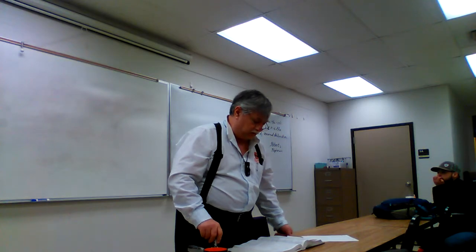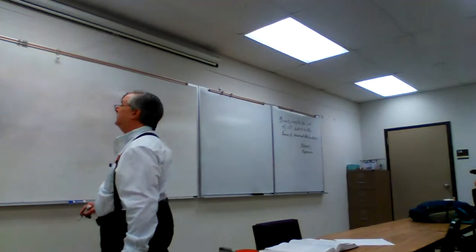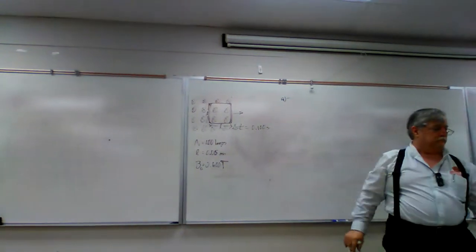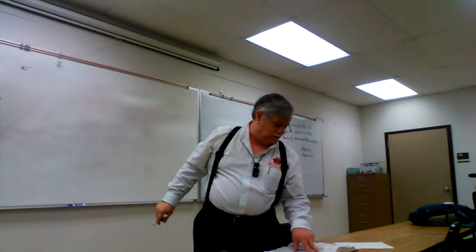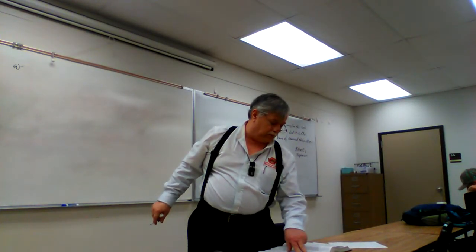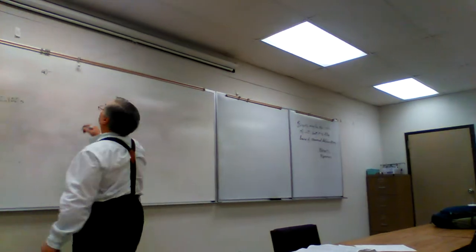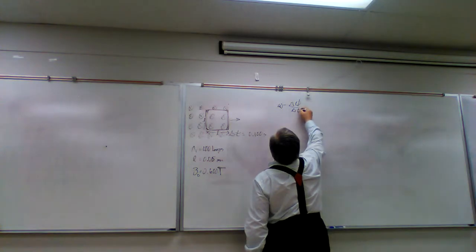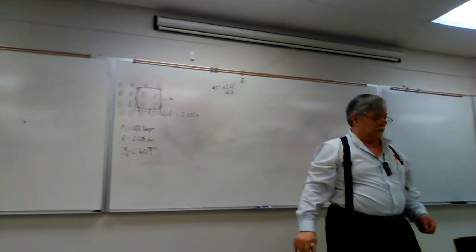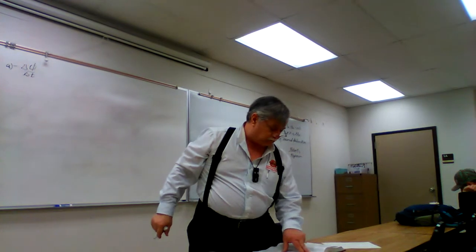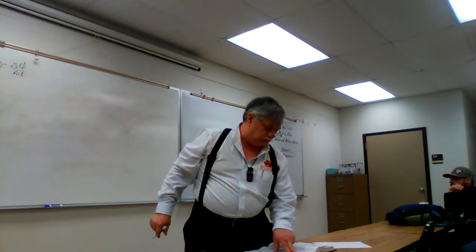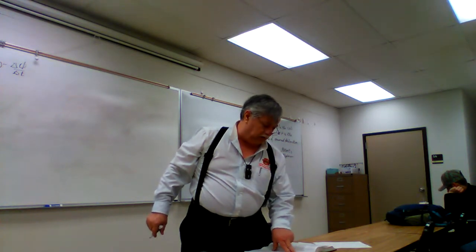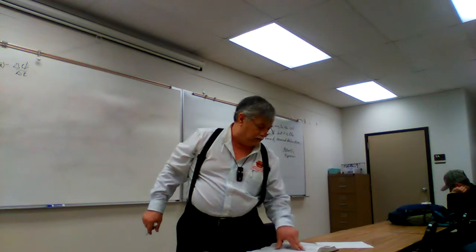So the first thing they want us to determine is A, the rate of change of the flux through one loop of the coil. Then the total EMF and current induced in the 100 loop coil.